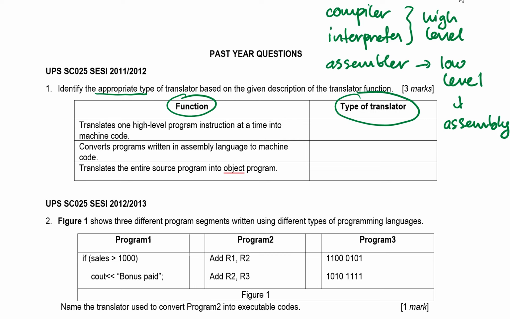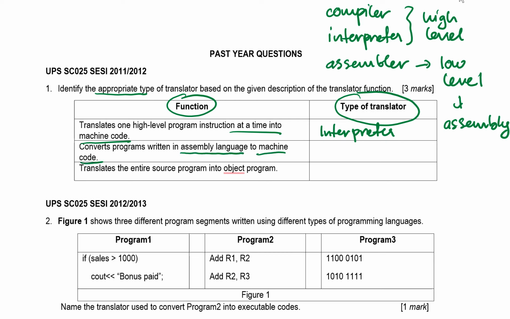Now, translate one high-level program instruction at a time into machine code. The keyword here is at a time. So of course the answer is interpreter. Next, convert a program written in assembly language to machine language.